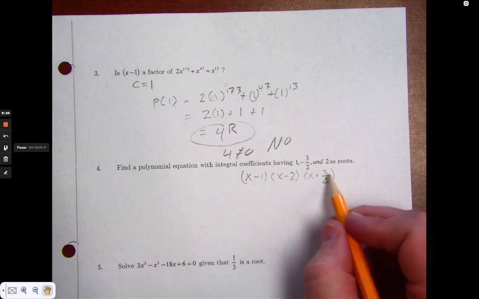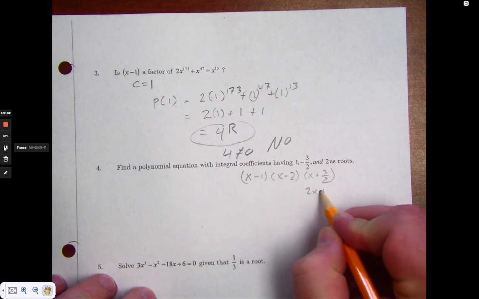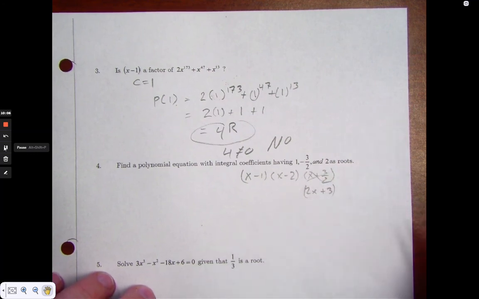So we're going to multiply everything in here by 2, so that we can get rid of that fraction. That would be 2x plus 3 now. So we're not going to use that one, we're going to use 2x plus 3.